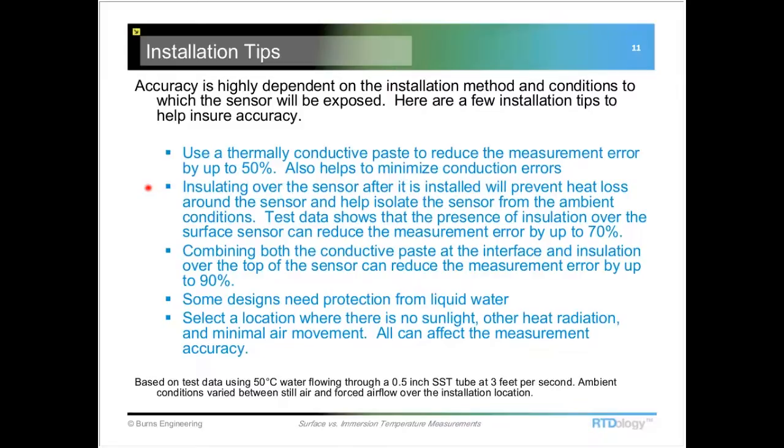If it's outdoors, it might be sunlight. Indoors, it could be maybe a heater or a fan blowing, those kinds of things. As you can see from our little test that we did, we can improve the measurement by up to 70%, which is a really big number.